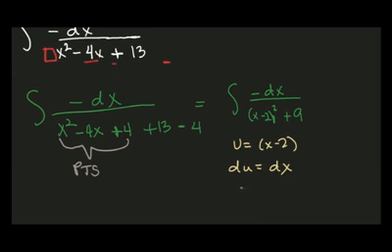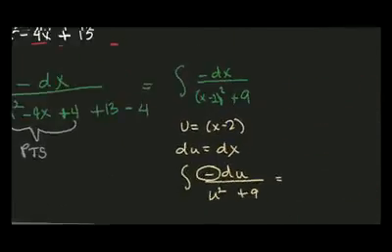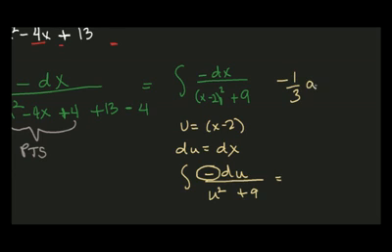And you're going to get, oops, that should be a u up top. What's going on? Oh no, I'm getting dizzy. All right, so yeah, it'd be negative arctangent. So negative 1/3.